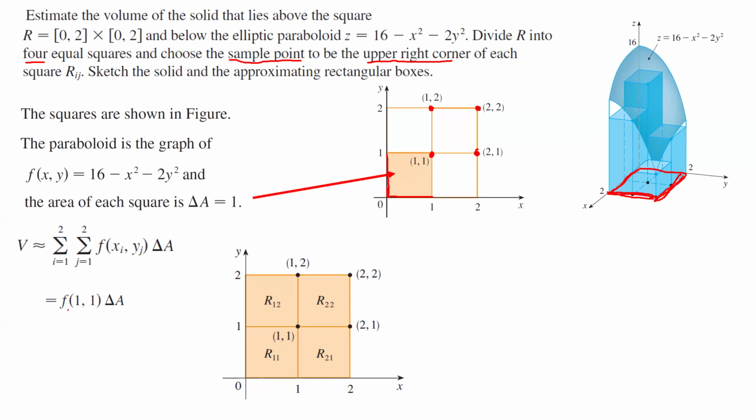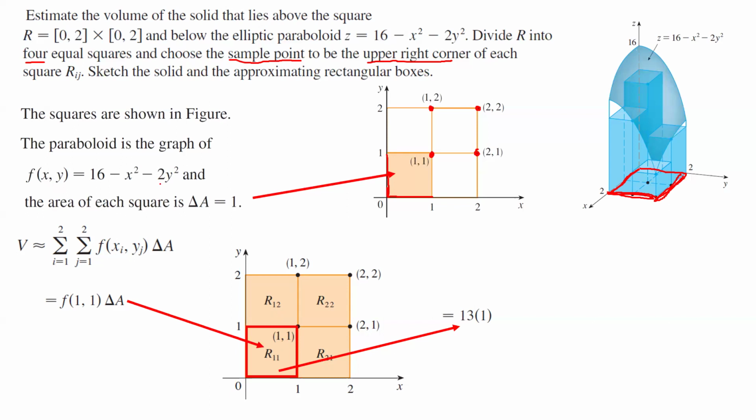You plug that in here, times delta A. This is equal to 13 times 1. Why 13? When you plug in 1 and 1 into the function, f of 1 and 1 is 16 minus 1 minus 2, which is 13. So this is the very first volume.